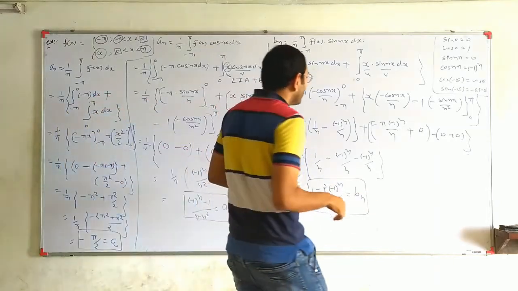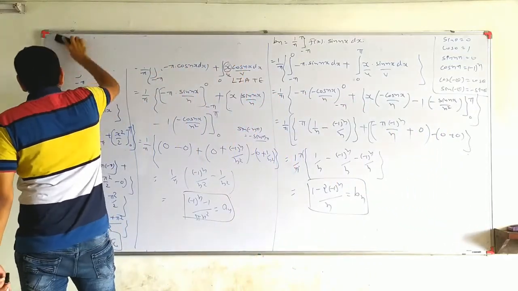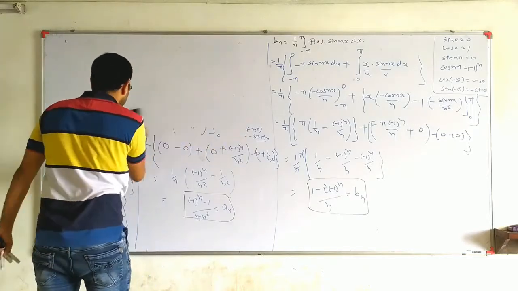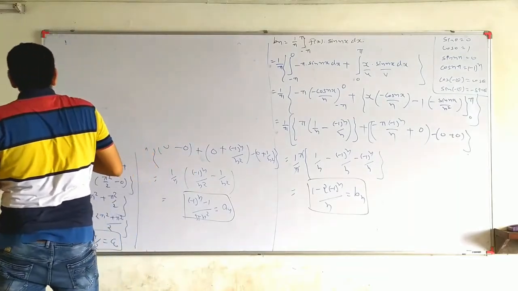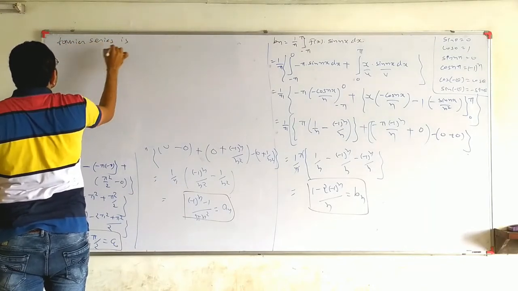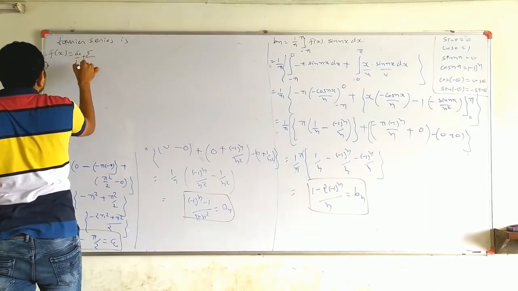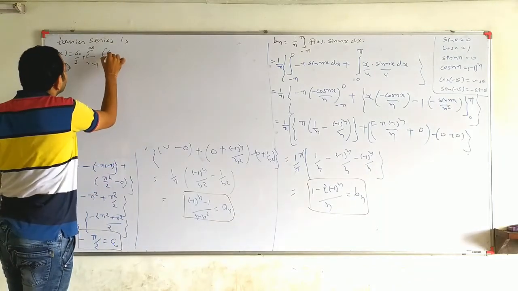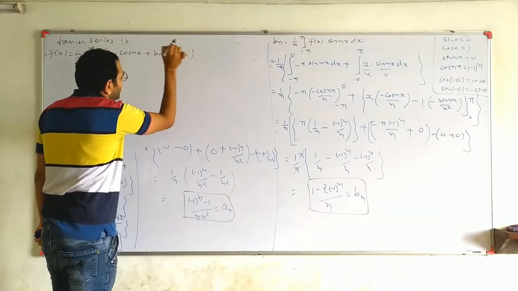Now substituting the values of a0, an and bn in the formula of Fourier series. Fourier series is f of x equal to a0 by 2 plus summation n equal to 1 to infinity of an cos nx plus bn sin nx.